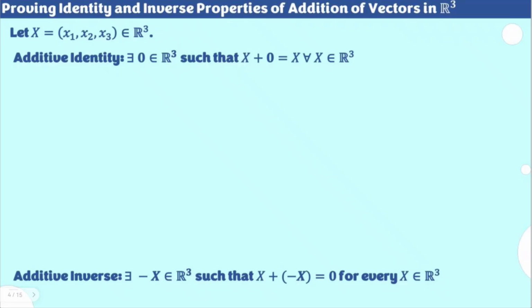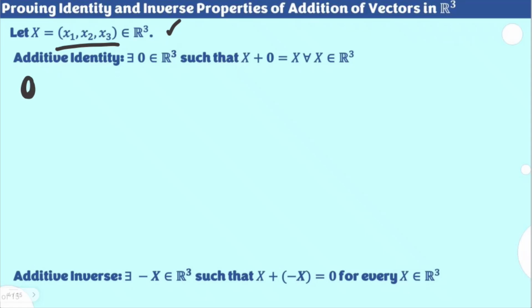So for this, we have our vector x with components x sub 1, x sub 2, and x sub 3, clearly an element of R3. For the existence of the additive identity, we must show a certain vector identified as 0.